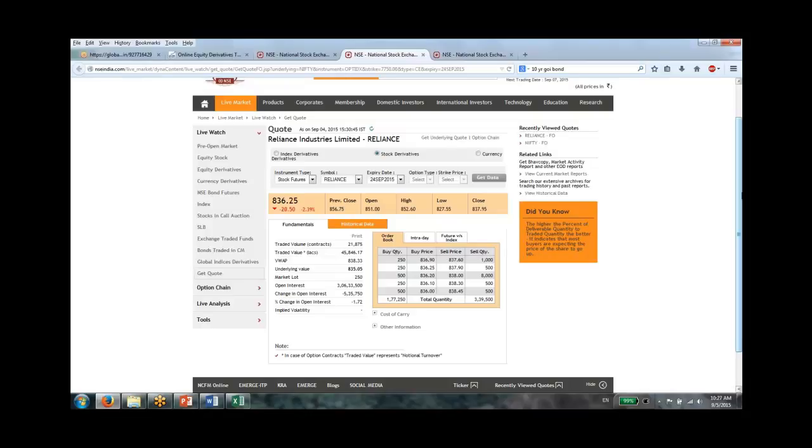When more and more contracts are being created and the price is increasing, it is a view that more people are coming into the market with a stronger view on the upside than on the downside. So open interest increasing and stock price increasing is a bullish trend.